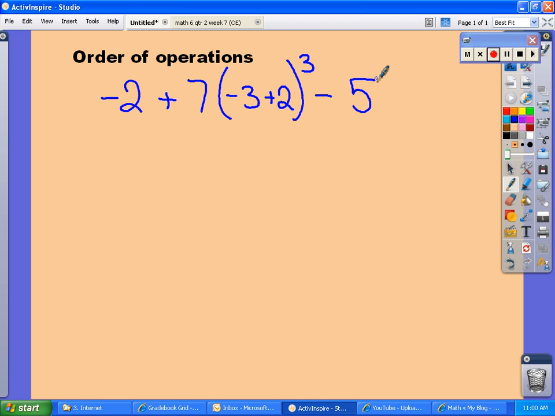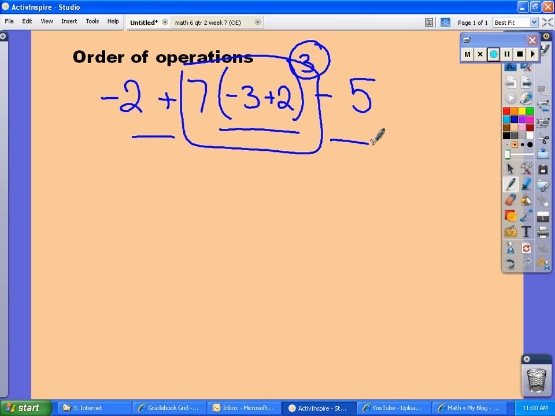Parentheses first, then exponents, then any multiplication, and then you're adding and you're subtracting. Please keep continuing to go over this over and over. Get those rules in your head.